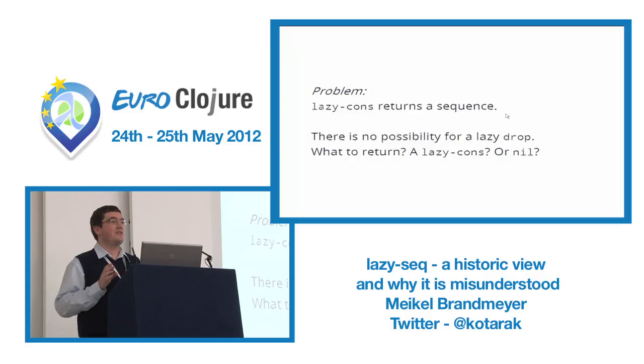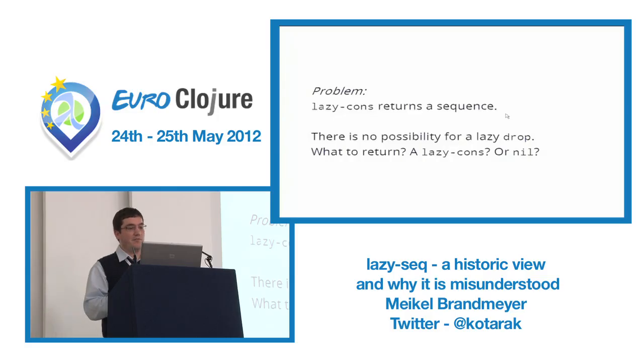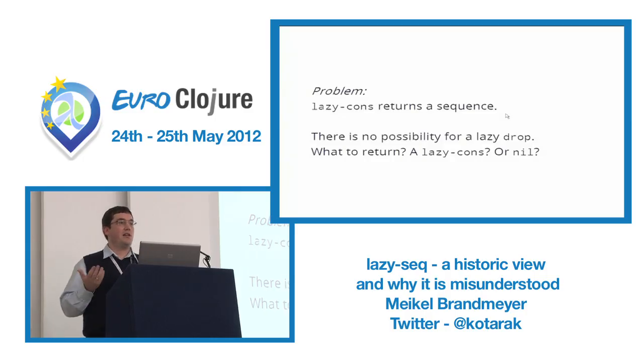Because lazy-cons returns something concrete. It returns a sequence, and at that moment you need either a first element or nil. You have to decide. When you now take this last example, drop, and call drop 2 on a sequence which has only one element, you have to return nil.